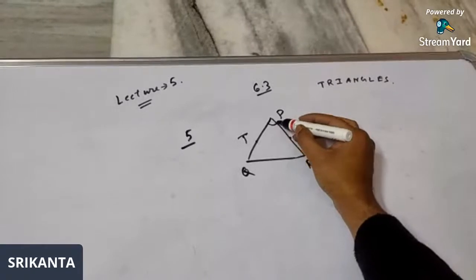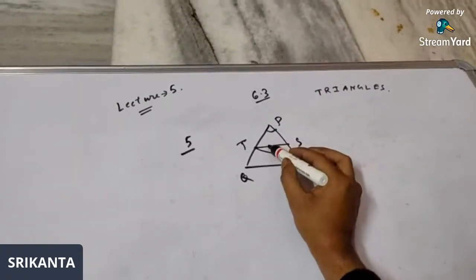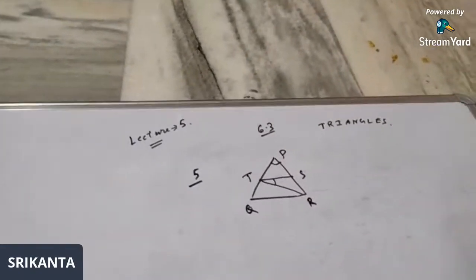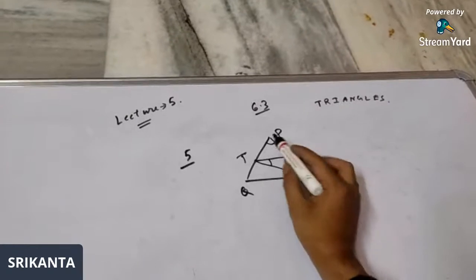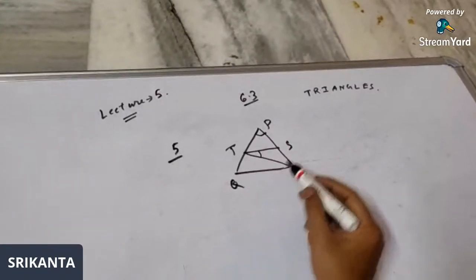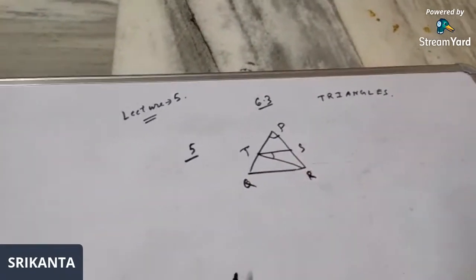Angle P is equal to angle RTS. This angle. So that RPQ is similar to RTS. So RPQ, this whole triangle should be similar to RTS.